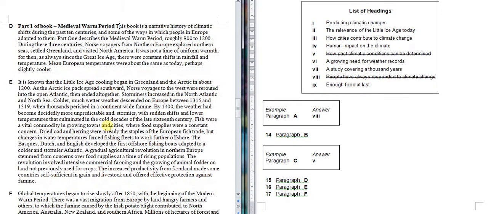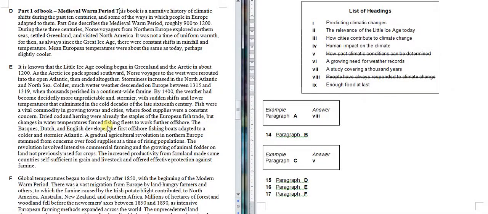Okay. Part E, we have a long paragraph here. If we scan through it quickly, we see a few different nationalities. We've got a few different dates as well, so it looks like kind of a history. Looks like the beginning of the Little Ice Age started in 1200.